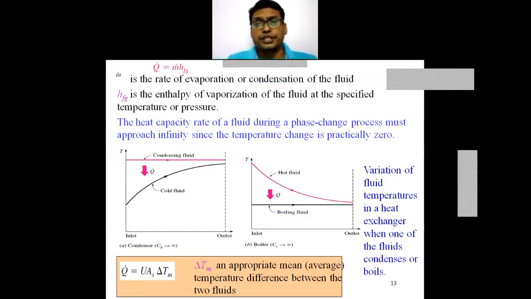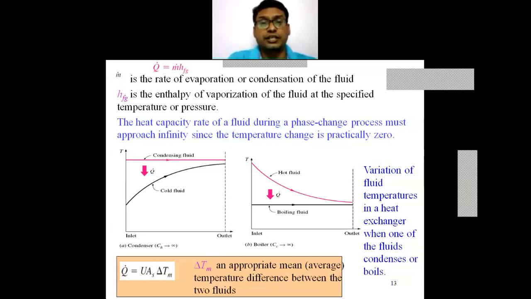Now there are certain situations where the values for the temperature don't change. They are your condensation and the boiling processes. In case of a condensation, that is generally carried out at a constant temperature, only the phase change is noted.